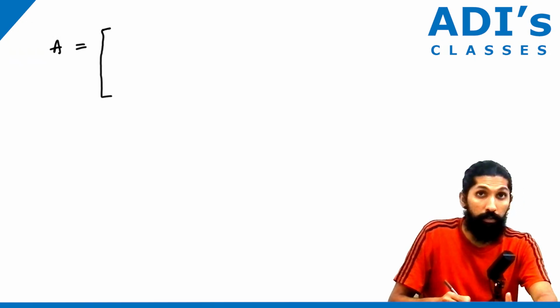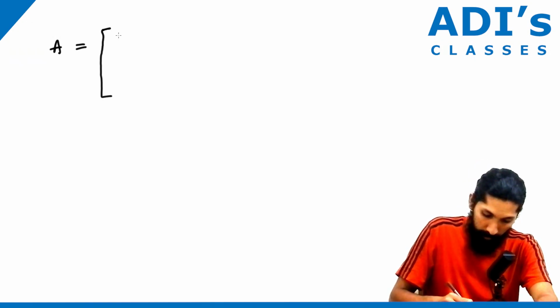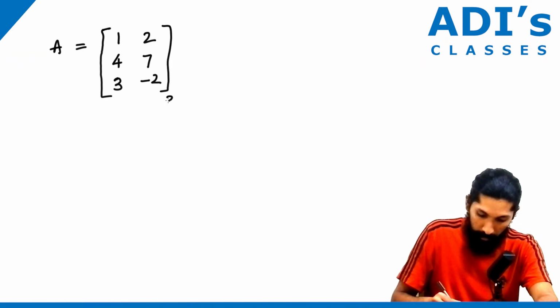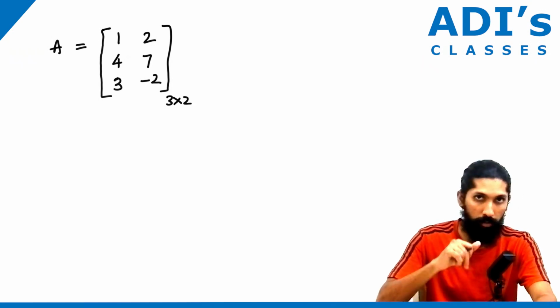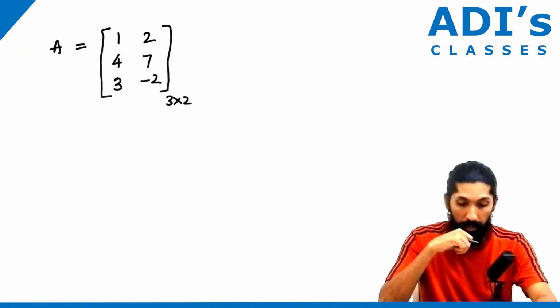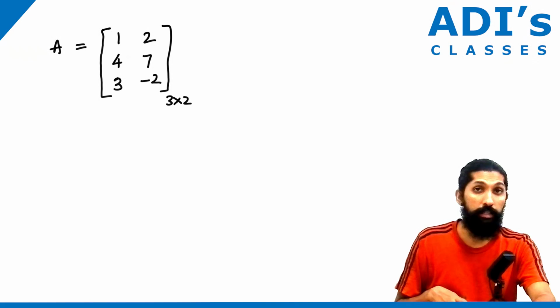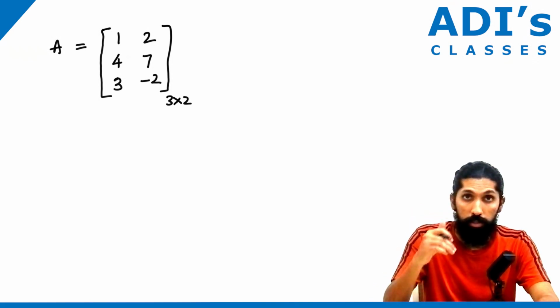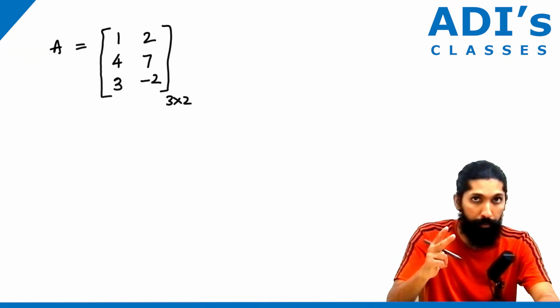Let's take the example. Matrix A, I'll take 3 cross 1. Say 1, 2, 4, 7, 3, minus 2. Now this is 3 cross 2. Let's take 3 cross 2, not 3 cross 1. If matrix A is 3 cross 2, then the number of rows in the second matrix has to be 2.